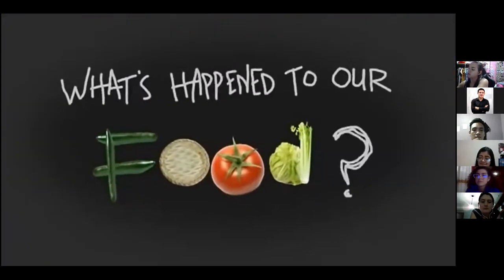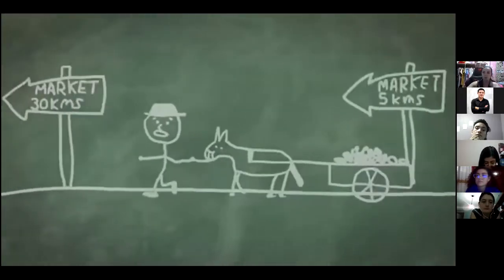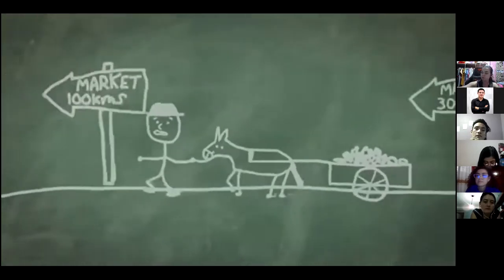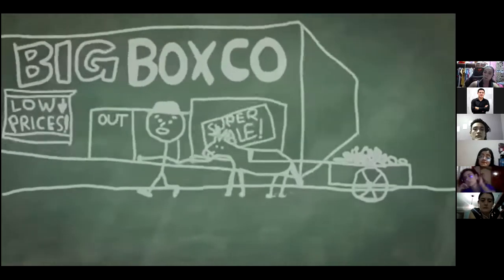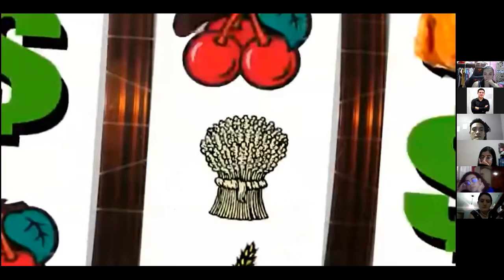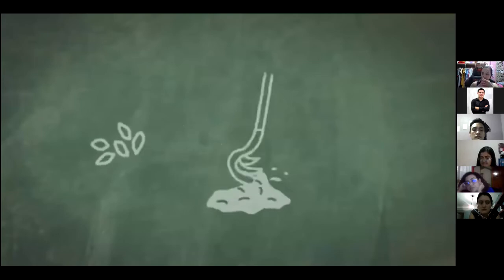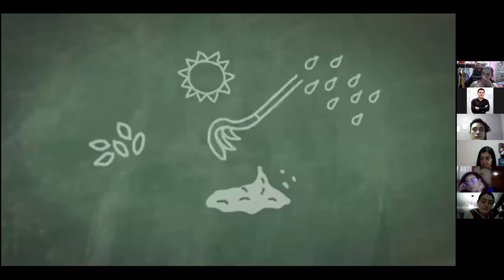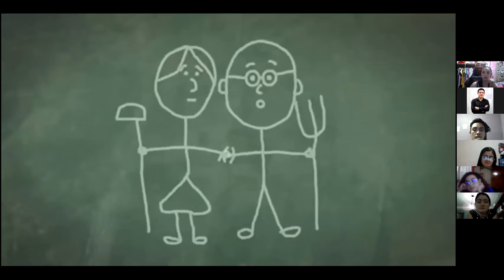Well, in the beginning, people started out growing food for their families and neighbors and took the extra to market. But the road to market started getting longer, and markets got a lot bigger. And then the world's food system started changing food into something else. What is food? Well, you need seeds, soil, the right amount of sunshine and rain, and farmers who know and appreciate the complexity of how all these things work together.